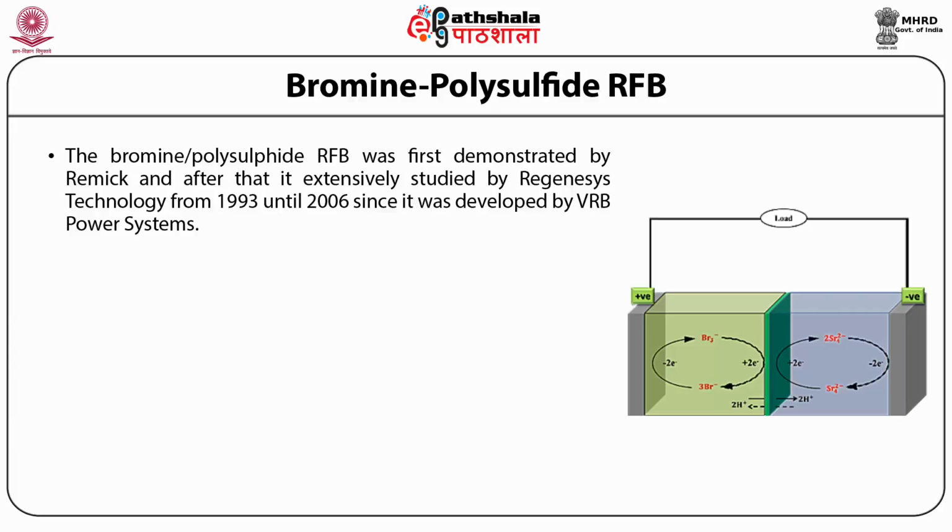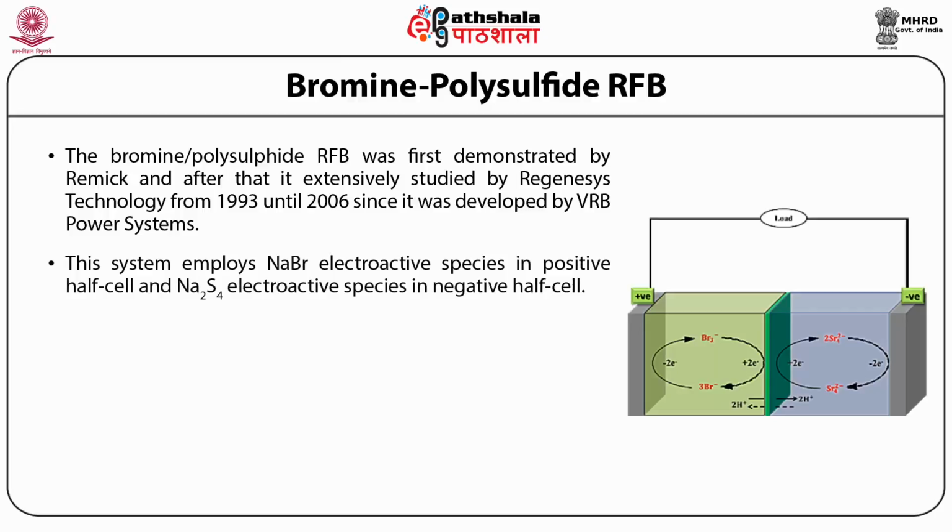A schematic of the bromine polysulfide RFB has been shown in the figure below. This system employs sodium bromide NaBr electroactive species in the positive half cell and Na2S4 electroactive species in the negative half cell.